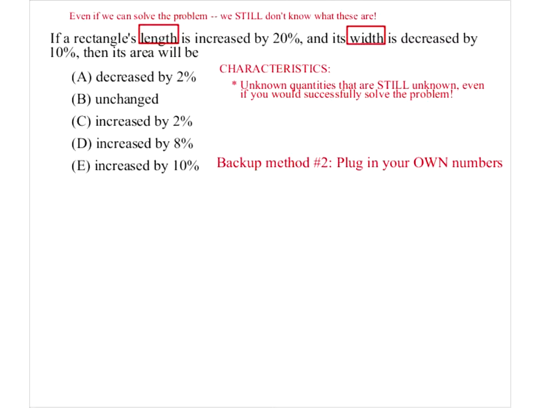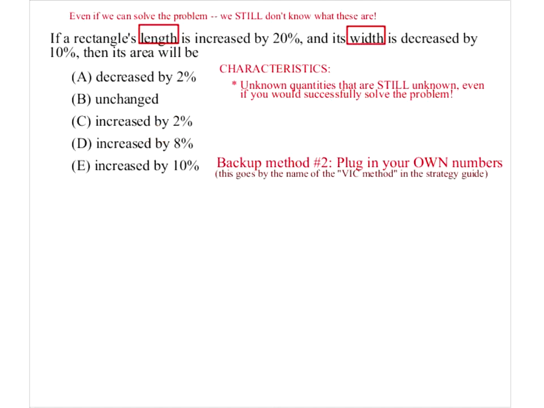But what I want you guys to know is that the name VIC is sort of unnecessarily limiting here, because VIC stands for variables in the choices, and this doesn't have any variables in the choices, and we can still do it this way.